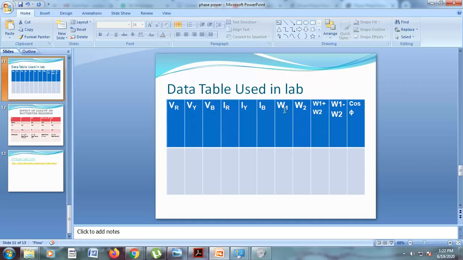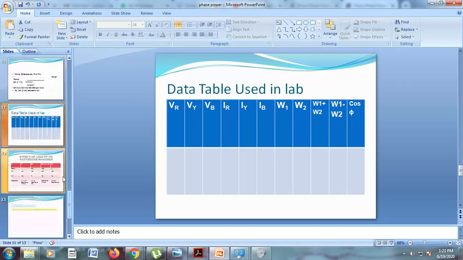From the virtual lab you can put only the W1 and W2 values, and this is W1 plus W2, and this is W1 minus W2, and you can calculate cos phi from these two values. How you calculate it, we already discussed in a previous slide.